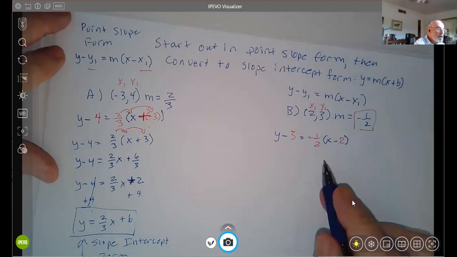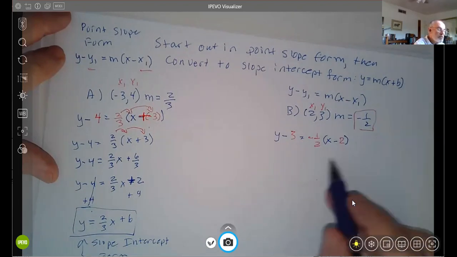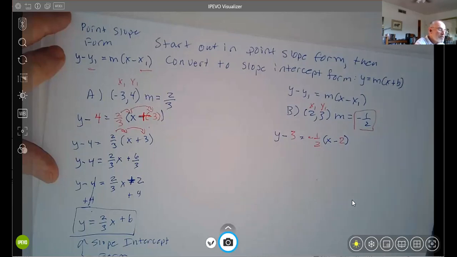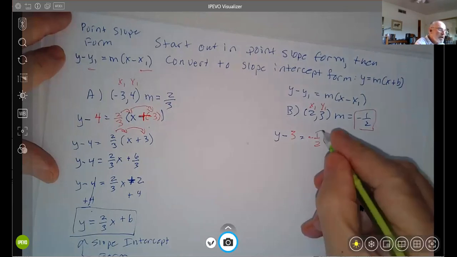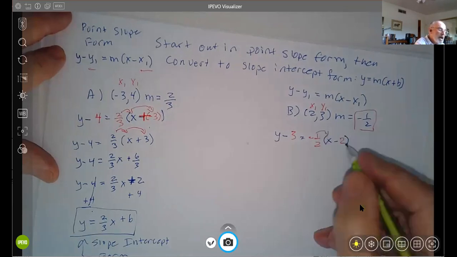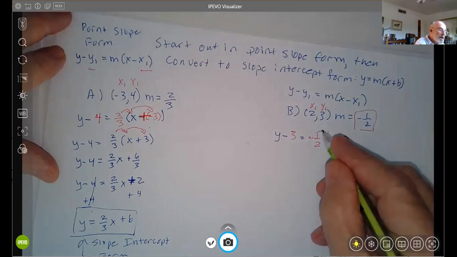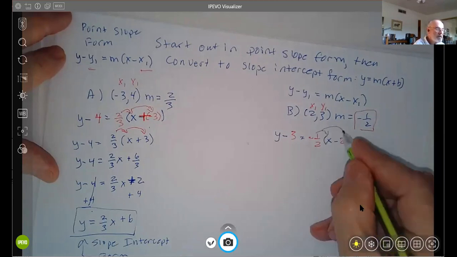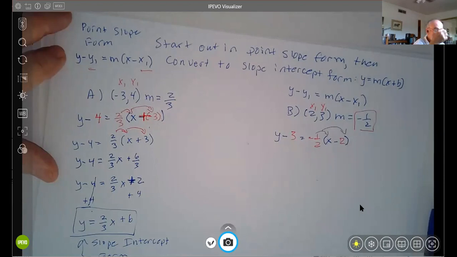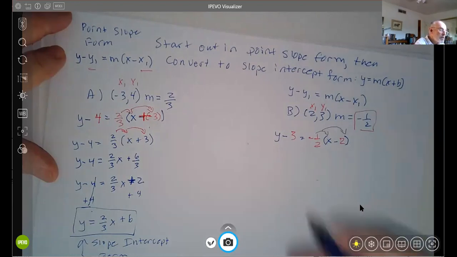So we distribute. Negative 1/2 times x is going to be negative 1/2 x. Negative 1/2 times negative 2, well, negative times negative is a positive. Let's rewrite this.